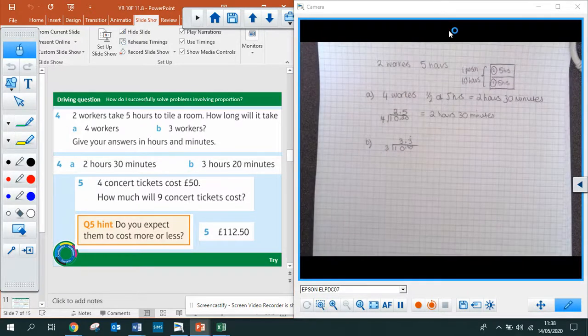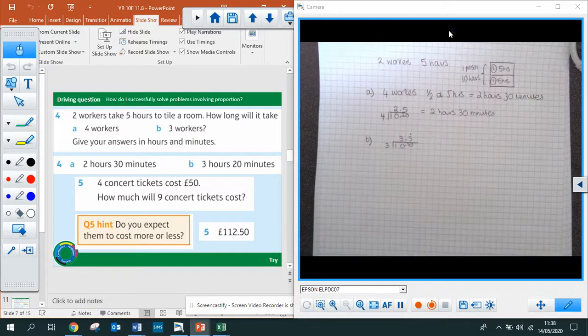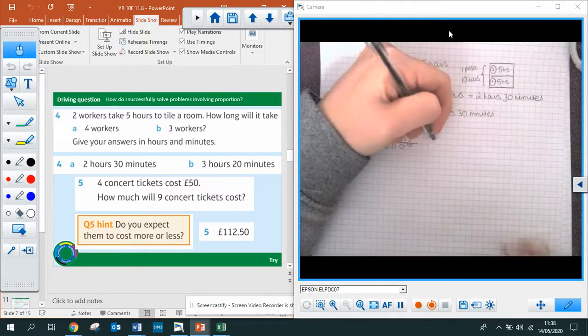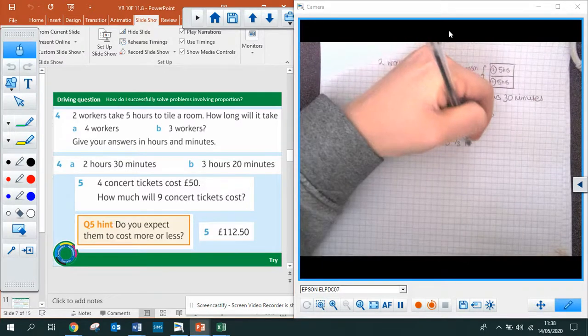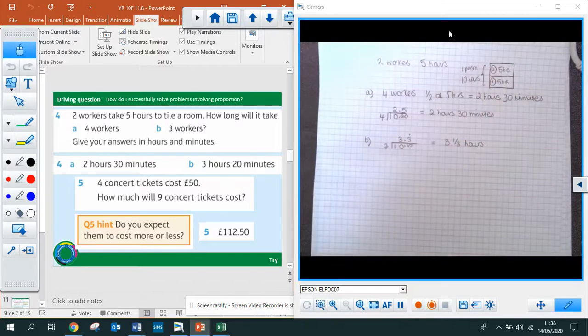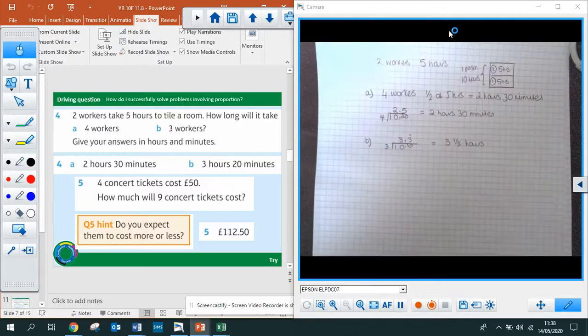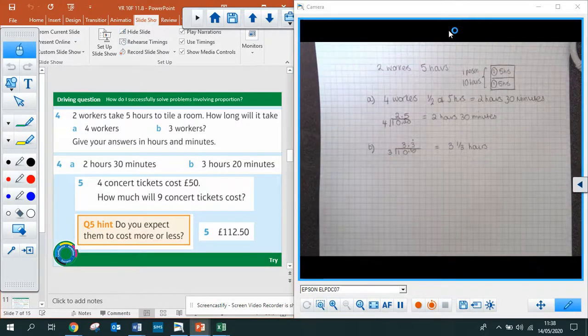This is where your conversions become really important. I know that 0.3 recurring is a third. So actually, I'm saying that it's going to take 3 1/3 hours. That was the tricky part of this question. I want to know what is a third of an hour. I know we worked it out in the remember task, but I'm going to do that anyway.